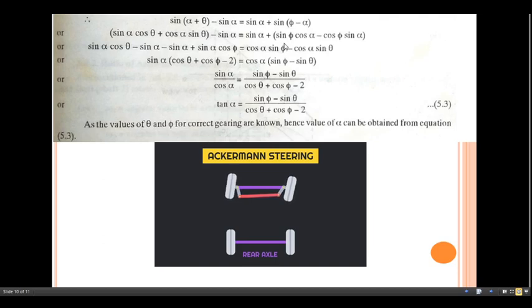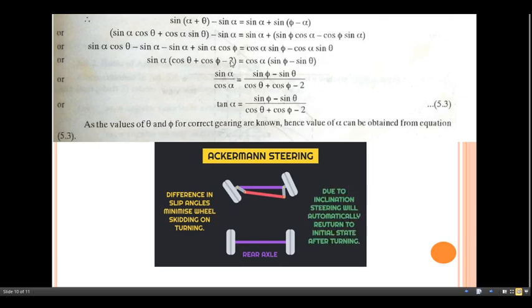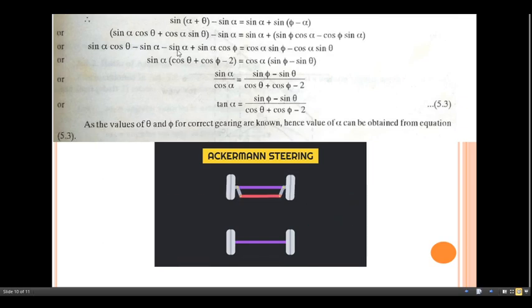Now if you look towards this one, cos of alpha into sine of phi, and what about this term? Already we have taken this term towards the left side. This term we have written here. So when I send this term to the other side, what do we get here? Sine of alpha terms. Just take that sine of alpha common from all the terms.